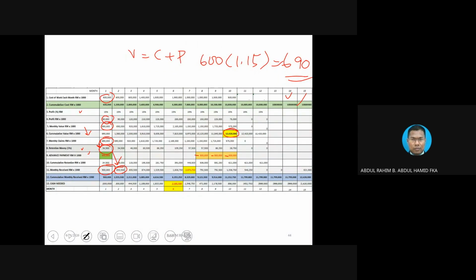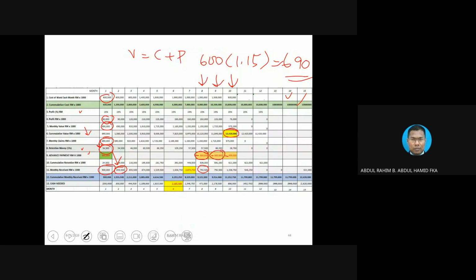So you do that for the rest of the column, but you need to be very careful in the month of 8, 9, and 10, because you need also to deduct with this. Then only you get this amount.